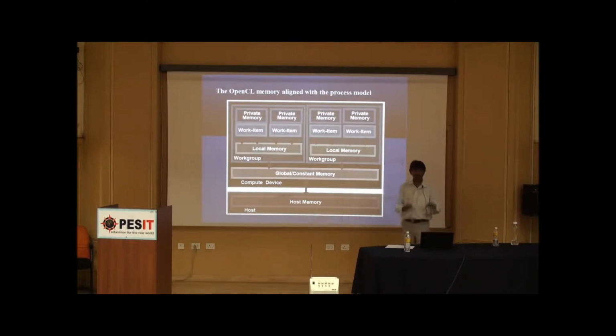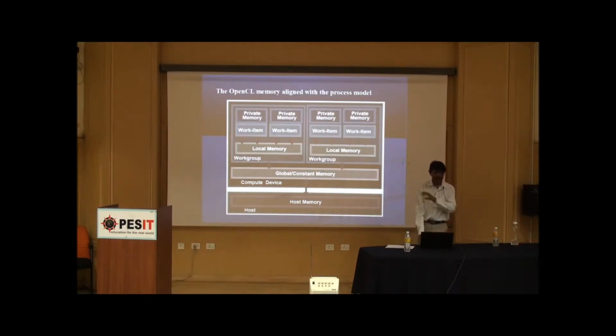The only thing is, if you want to access a particular work item, we call it ND space, that is, n-dimensional space. You require the X, Y, Z coordinates to identify the particular thread. Or rather, we will not call it a thread, we call it a work item.